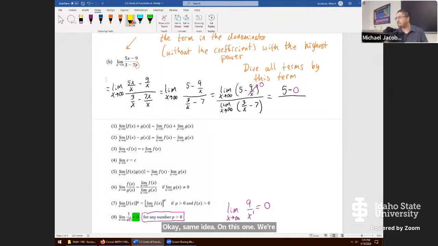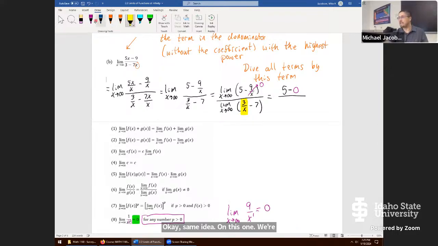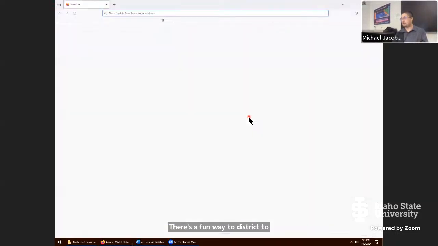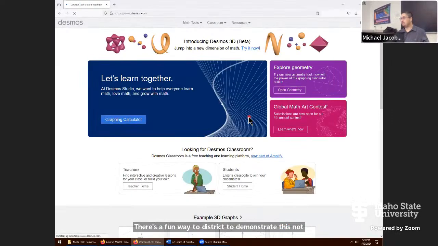We're taking the limit of 3 divided by x this time. It's no different than 9 divided by x. The fact that there's an x in the denominator means, well, if x is getting larger and larger, your 3 over x must be getting smaller and smaller. And there's a fun way to demonstrate this, not even using a graph. Let's open a calculator.